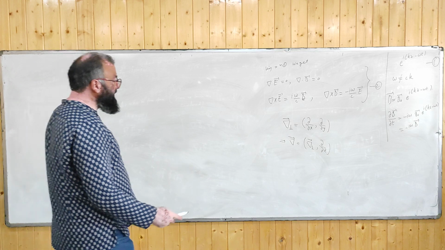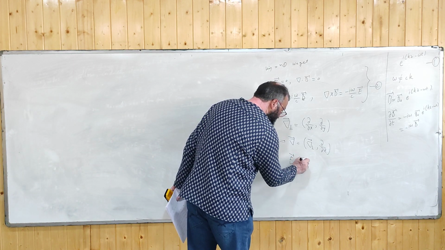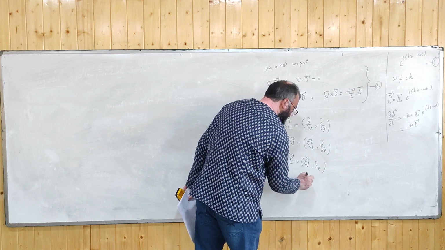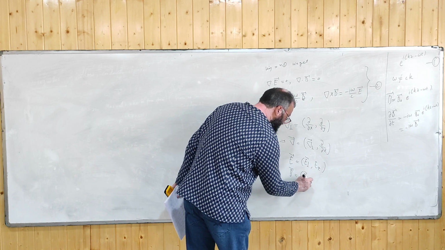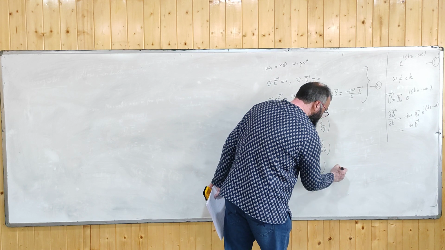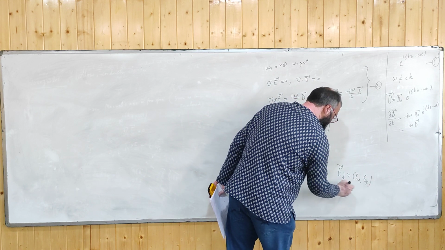Similarly, I can write E as E perpendicular and Ez, and B is equal to B perpendicular and Bz. So what is E perpendicular? That is the components in the xy plane. And what is B perpendicular?